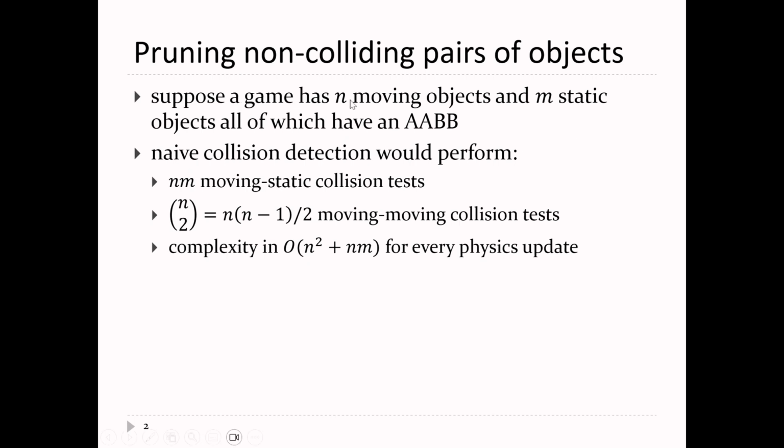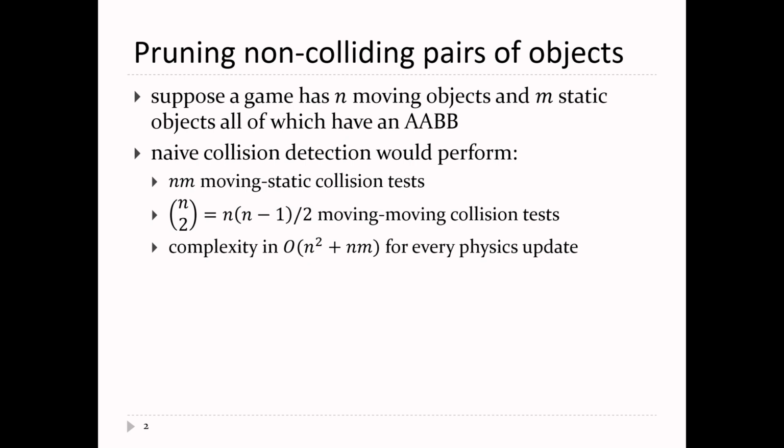Suppose your game has n moving objects. You have m static objects, things like walls and platforms. If you want to do collision detection, you have to check whether any one of your n moving objects collides with any one of your m static objects, so there are n times m collision tests.